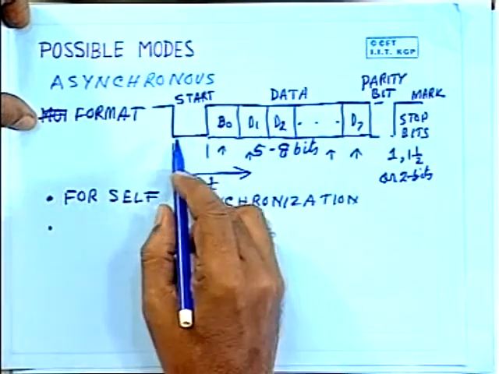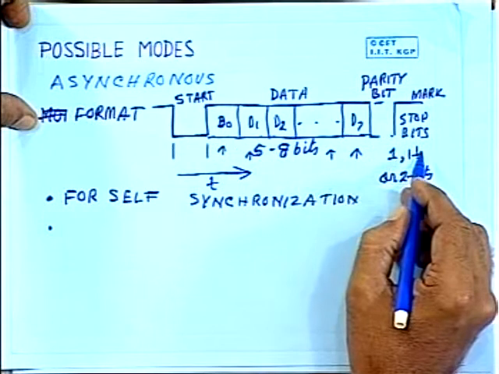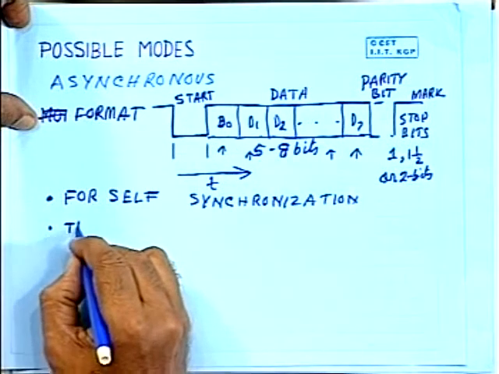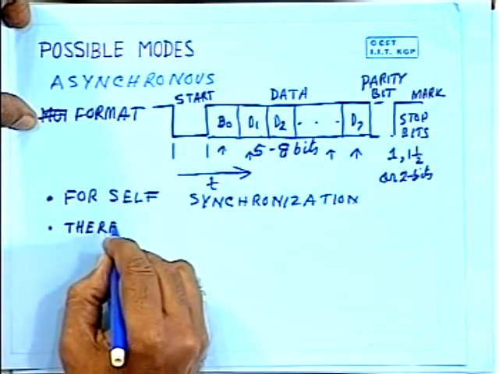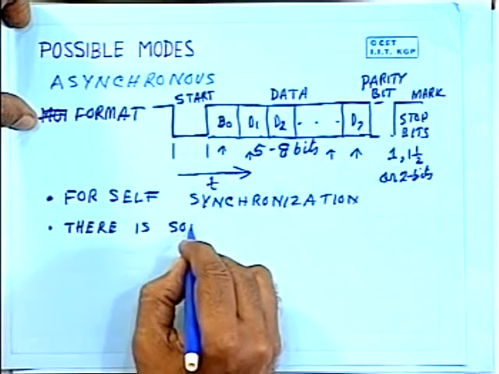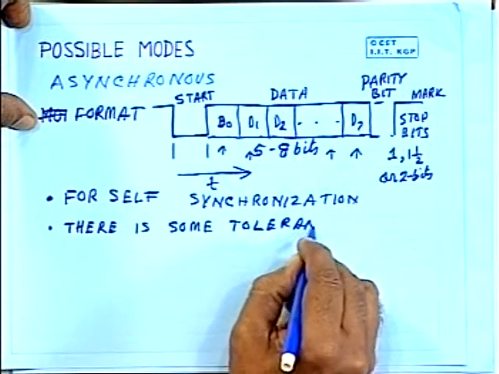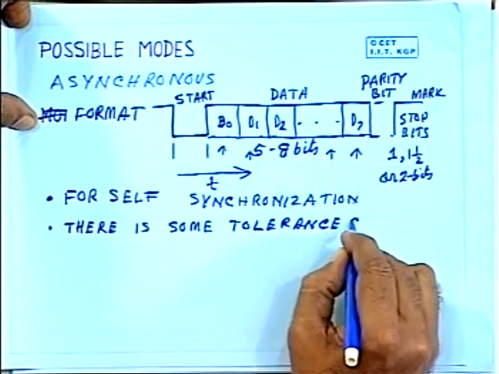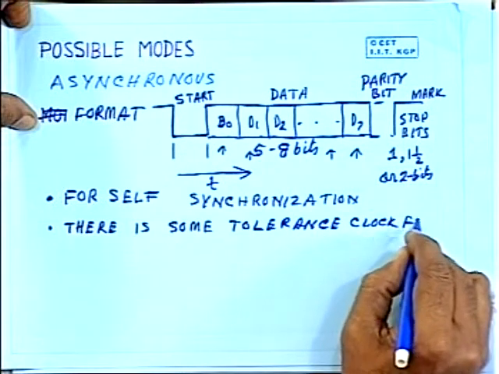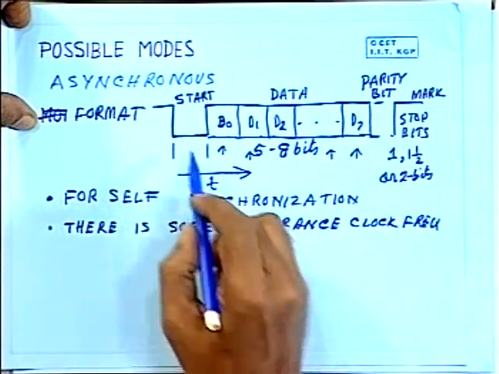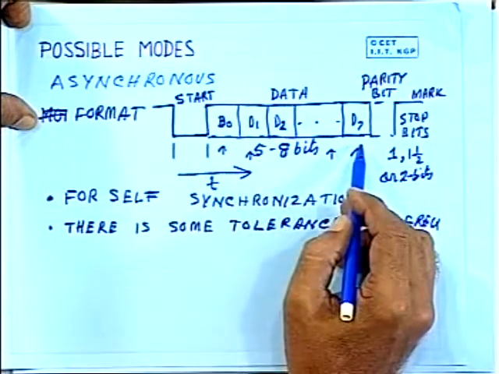Moreover, whenever you use this asynchronous mode, there is some tolerance in clock frequency. You see, the transmitter is not sending the clock to the receiving side, and as a result there may be some difference in clock frequency at the transmit end and at the receiving end.